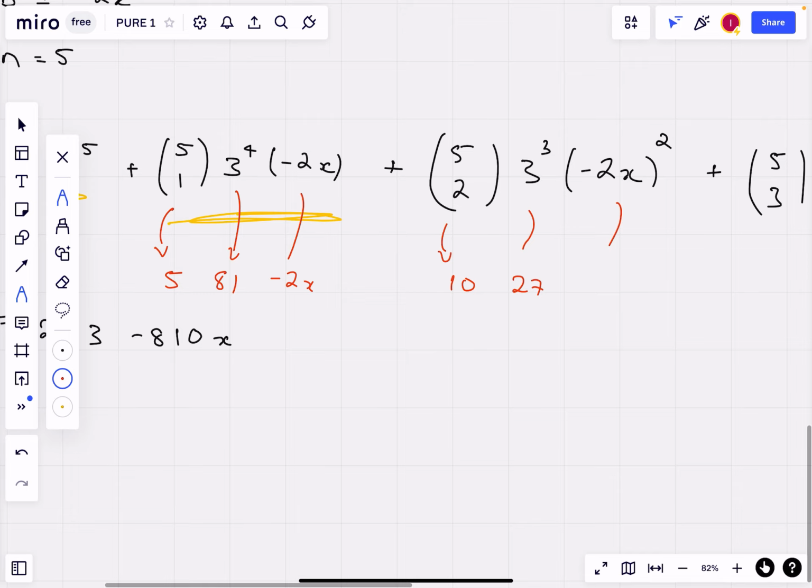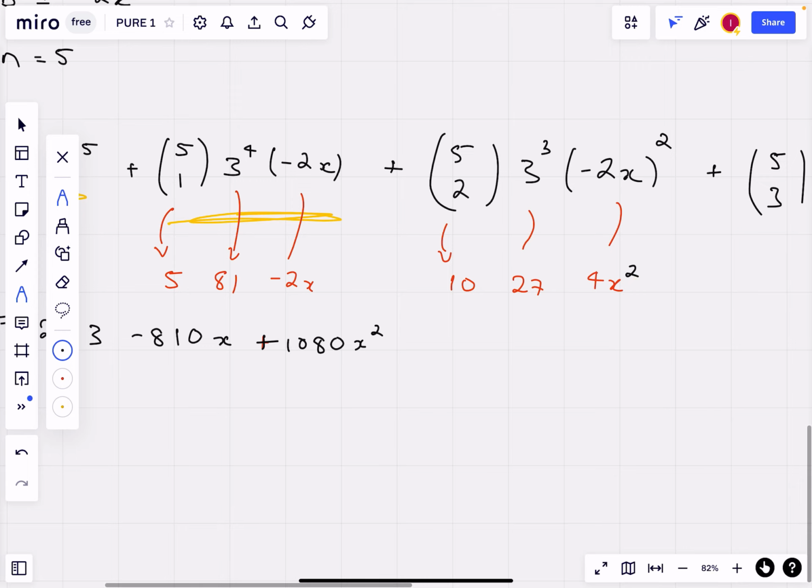And then minus 2x squared, which is 4x squared. And now we're going to times that all together. So 10 times 27 times 4 is 1080x squared. Sorry, there should be a squared there.